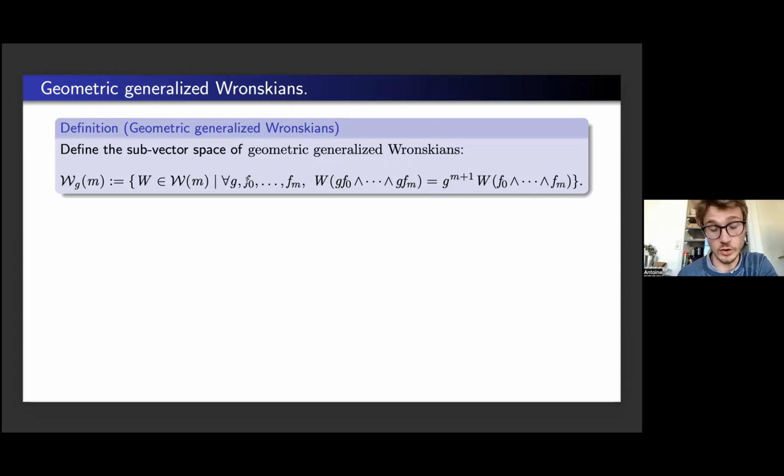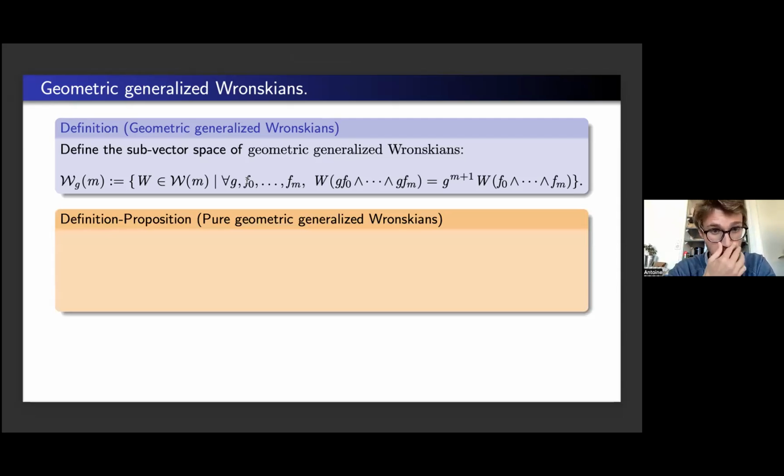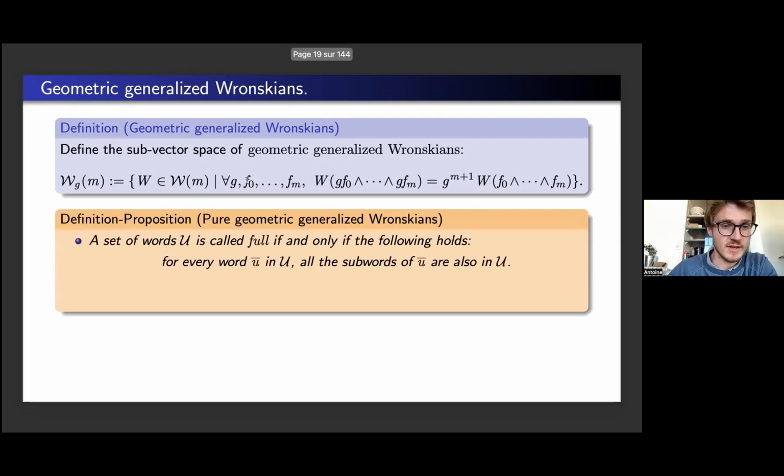So the first natural question would be to ask, amongst the elements of the canonical basis of generalized Wronskians, which are actually geometric. It's not that complicated to find them. So we have the following definition and proposition. If we take a set of words, we will call it full if and only if the following condition holds: if we take any word in the set, then we require that all its subwords remain in the set.